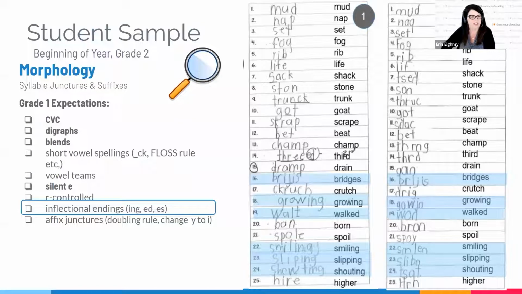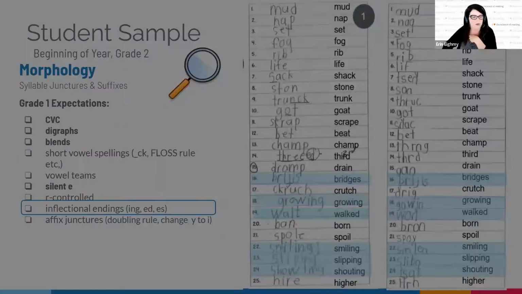So in early grades, again keeping this grade-appropriate lens, what should students know by now? They should be able to apply ing, ed, and es, ed, as those inflectional suffixes. And you can see the blue highlighted words have those opportunities to tell whether or not students understand that.